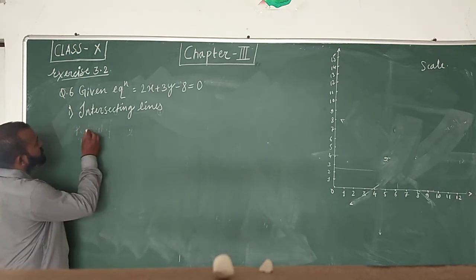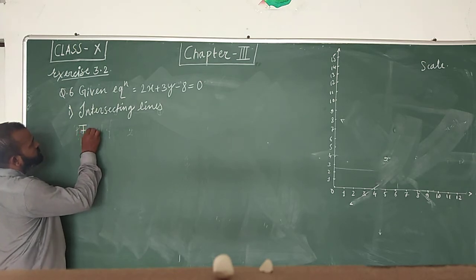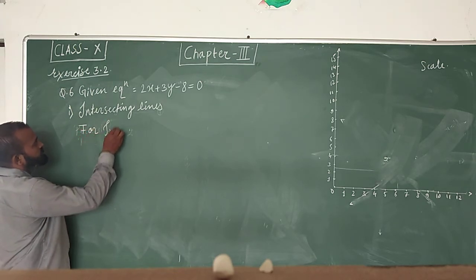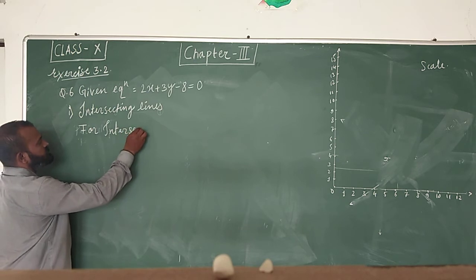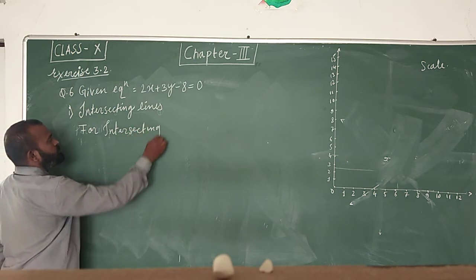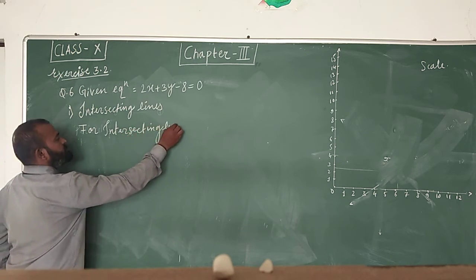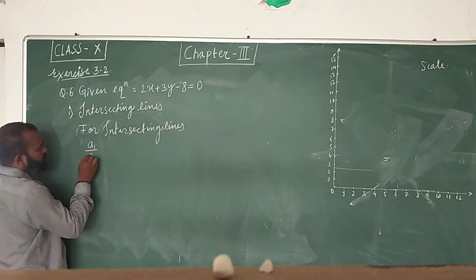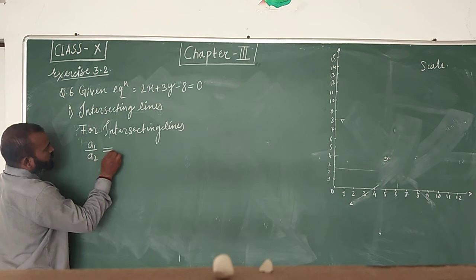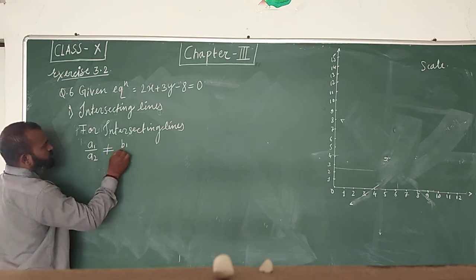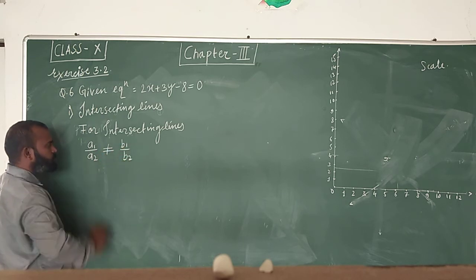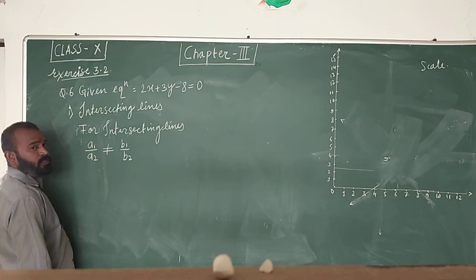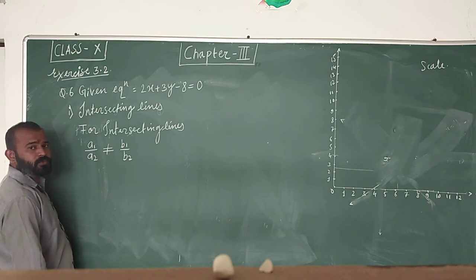What is that? For intersecting lines, a1 upon a2 should not be equal to b1 upon b2. The ratio of a1 and a2 should not be equal to the ratio of b1 and b2.